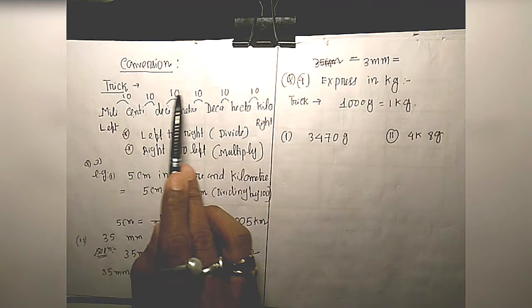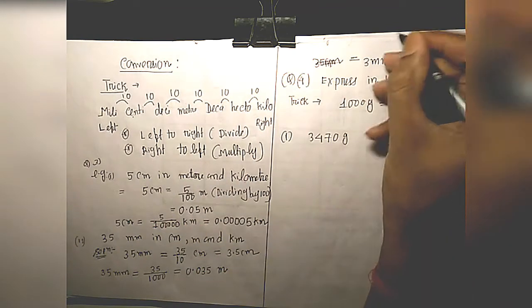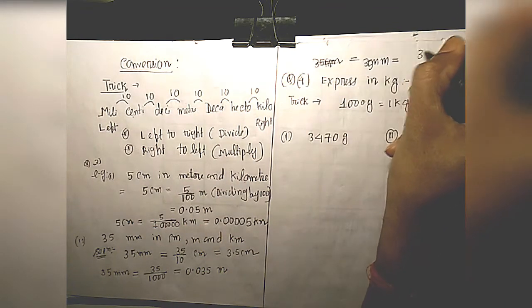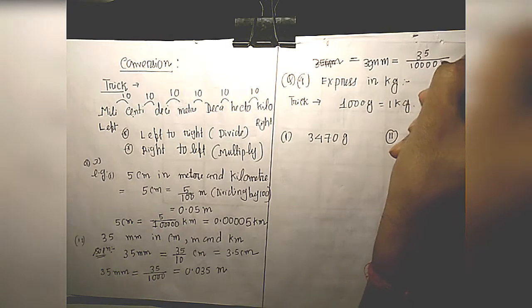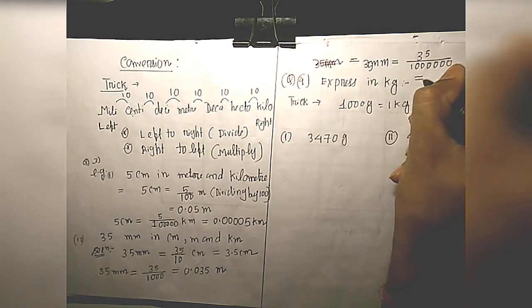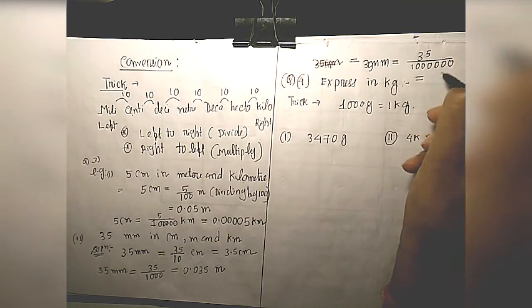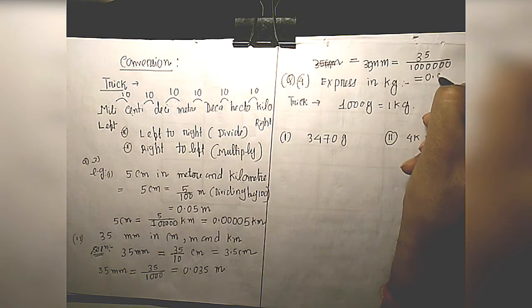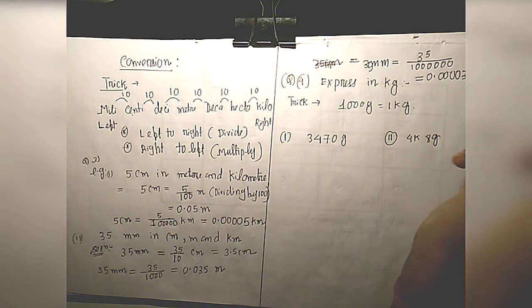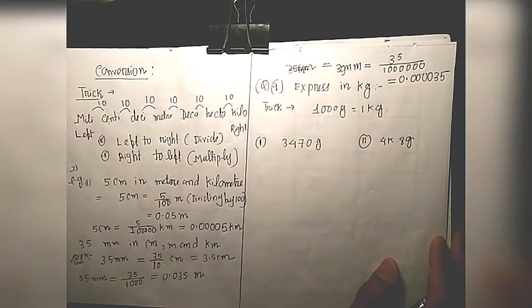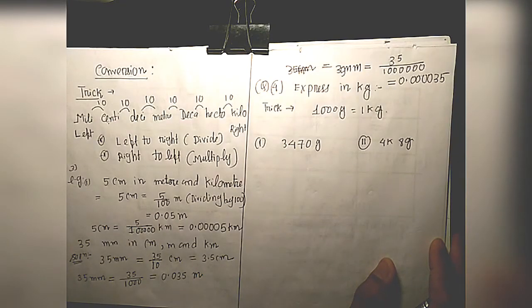Divided by 1 10, 2 10, 3 10, 4 10, 5 10, 6 10. So 35 divided by 1 and 6 zeros, because milli to kilo there are 6 10. So 35 divided by 1 and 6 zeros means 0.000035.